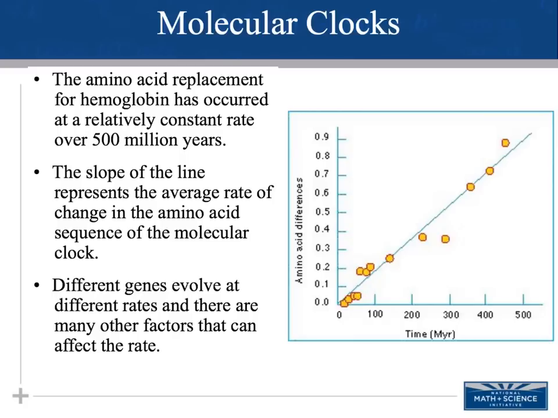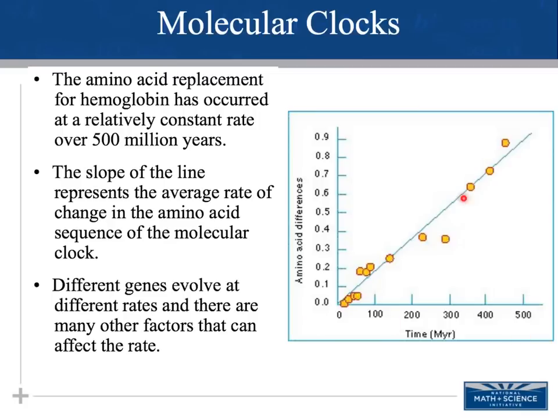This graph showcases the timeline for the replacement of a particular gene. In this case, we're looking at the amino acid replacement of hemoglobin, and we find hemoglobin in anything that has a red blood cell. It shows that this occurs at a fairly constant rate over about 5 million years.